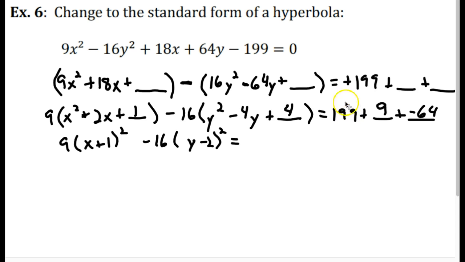what do we get over here? 208 minus 64 gets me 144. So now, final step, get a 1 over here on the right side. So to do that, I need to divide everything by 144.